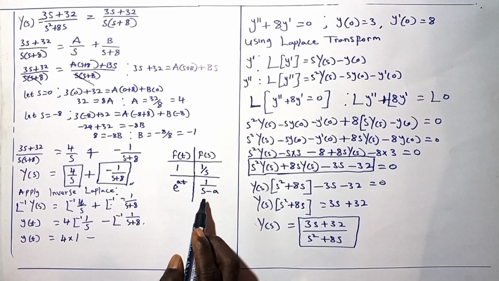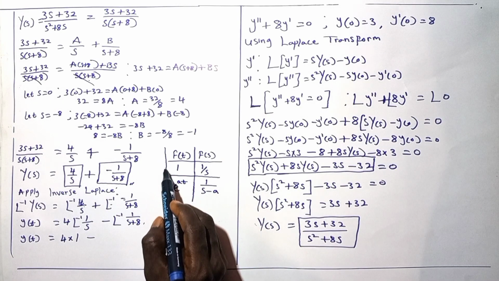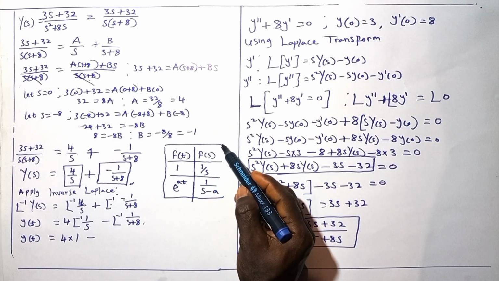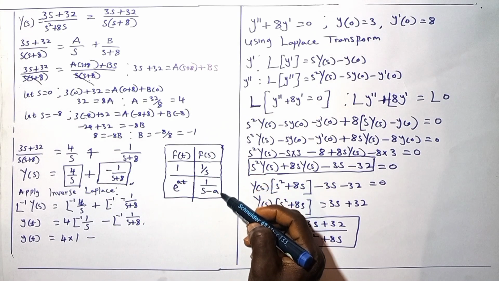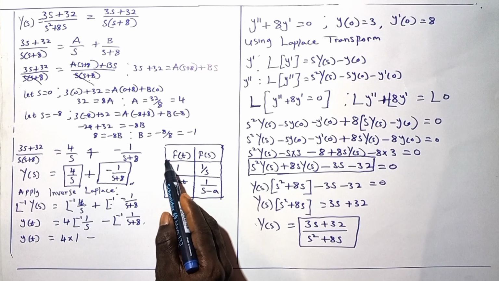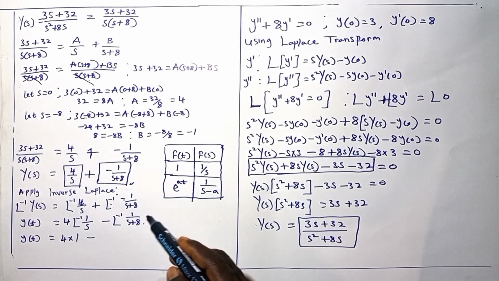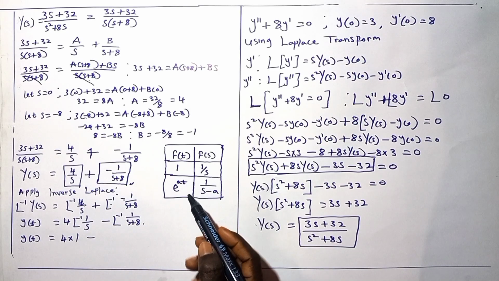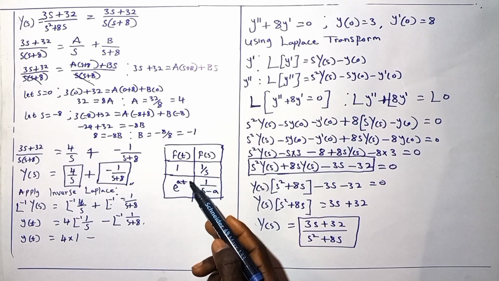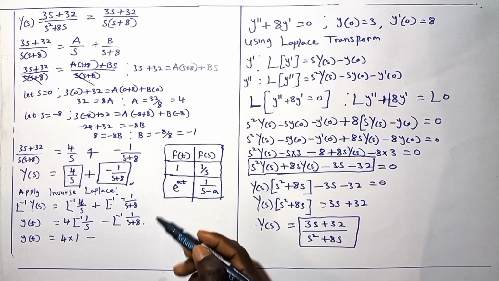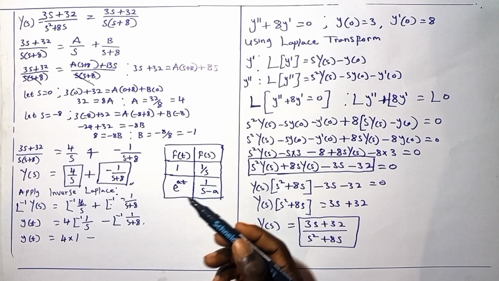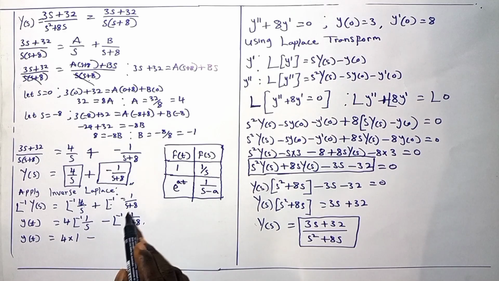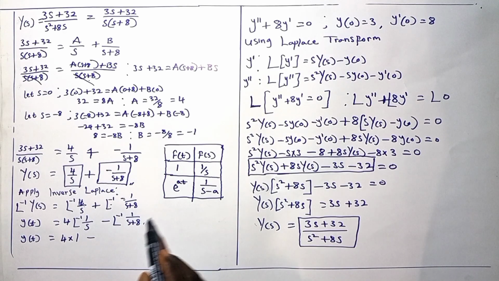Now this is just one of the many Laplace tables we need to know. This can be gotten from the integral formula for Laplace, but we're not trying to derive anything here. These are common Laplace values that we know because they are basic ones we use every time to solve Laplace transforms.